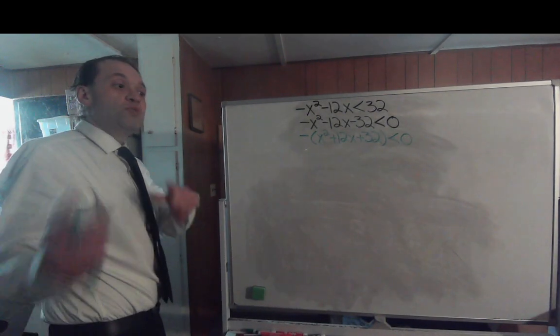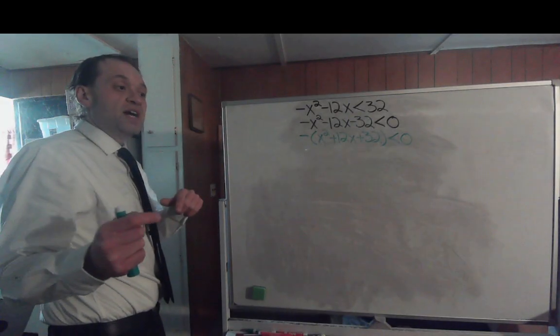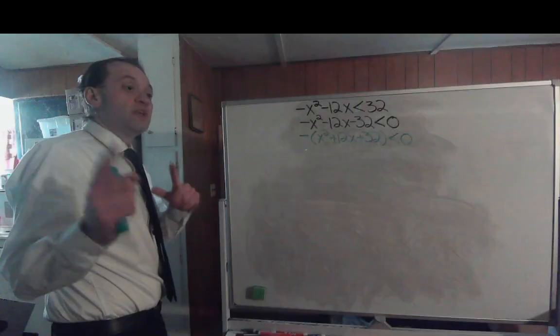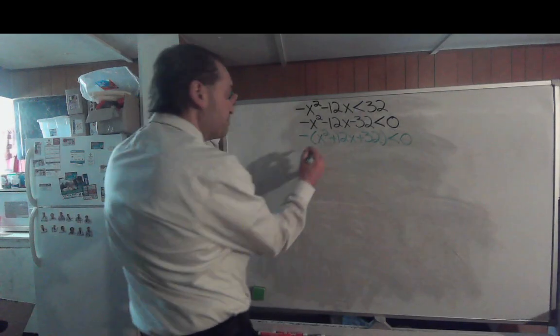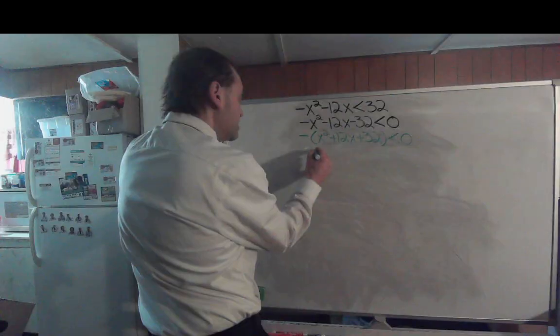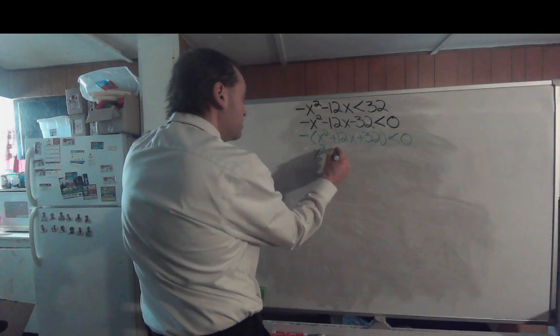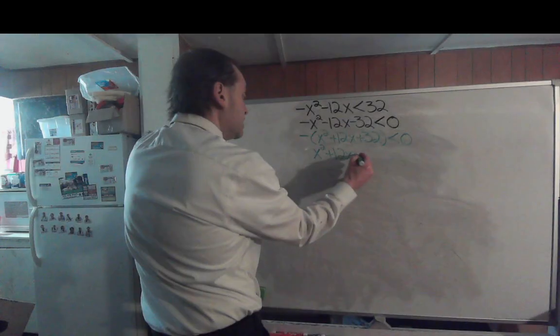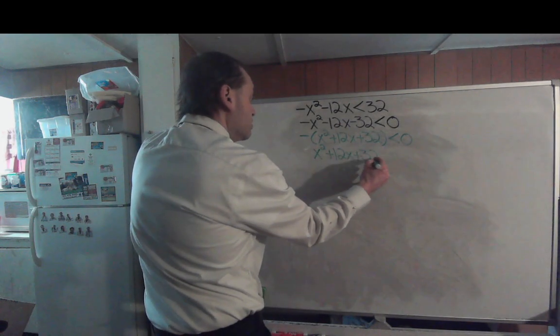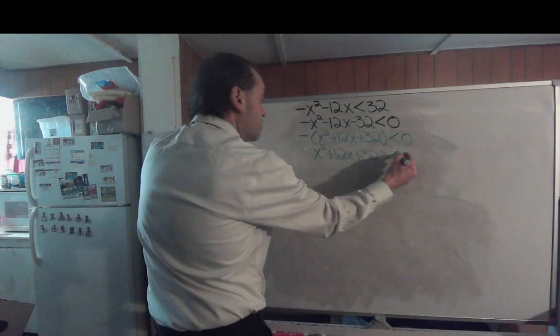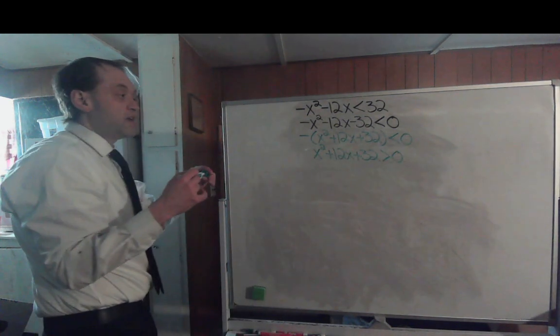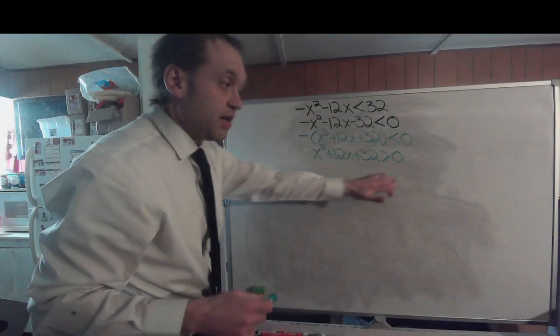What happens when you multiply or divide both sides of an inequality by a negative? It flips the sign, if we remember that. So this would actually turn into x squared plus 12x plus 32 being greater than 0, because when you multiply or divide by a negative, it flips the inequality sign.